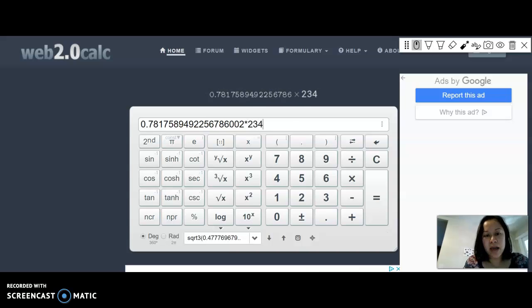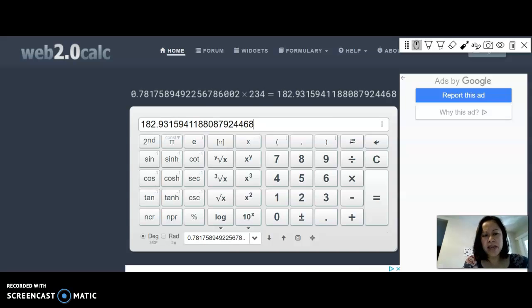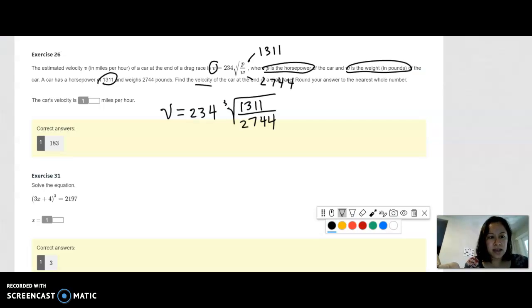When you leave everything in the calculator, you get an answer that's more exact, instead of clearing, punching things in, rounding. You always want to round at the very end if at all possible. Okay, so 182.9. Let's see if we did that right. Yeah, so that is approximately 183 when you round it to the nearest whole number.